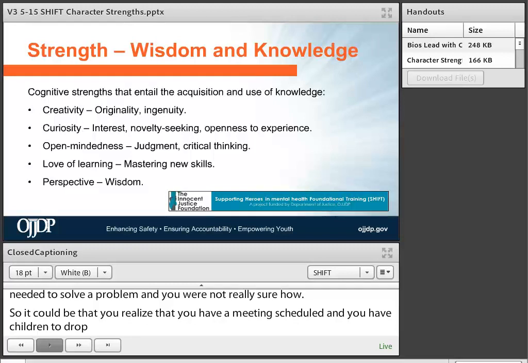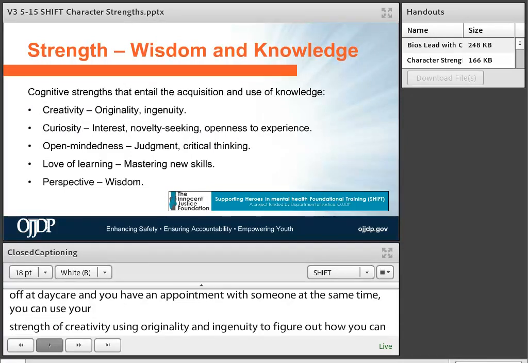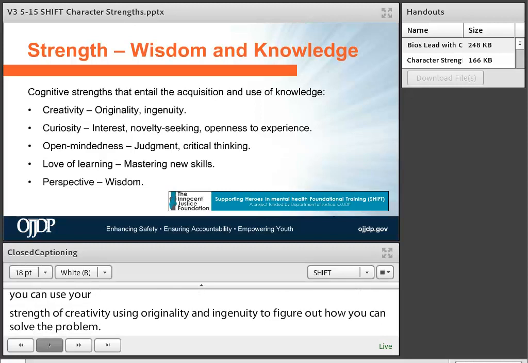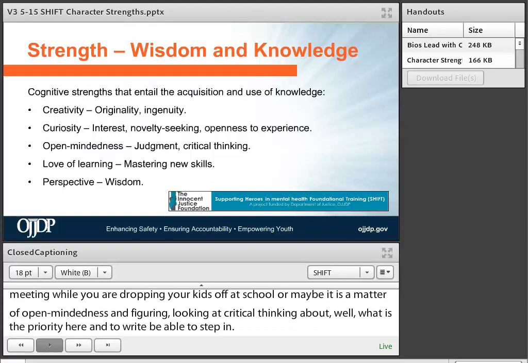So maybe by being creative about that, you can call into your meeting while you're dropping your kids off at school, or maybe it's a matter of open-mindedness and critical thinking about, well, what is the priority here and who might be able to step in. So with each activity or each difficulty or each situation in life that we need to figure out a solution to, we can use our strengths to come up with a suggestion or come up with an answer.